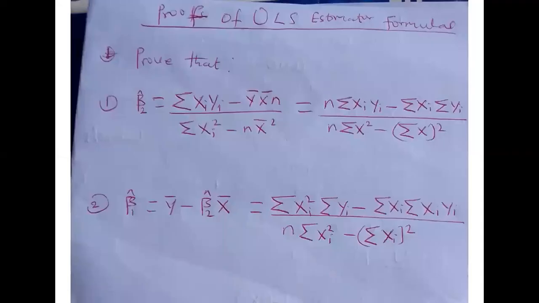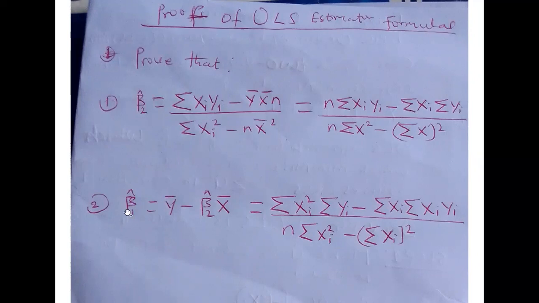So this represents the beta 2 hat that minimizes the residual sum of squares. So this is the derivation of OLS estimators. Here we can also prove that this expression, the formula for calculating this OLS estimator beta 2 hat, is equivalent to this expression here.